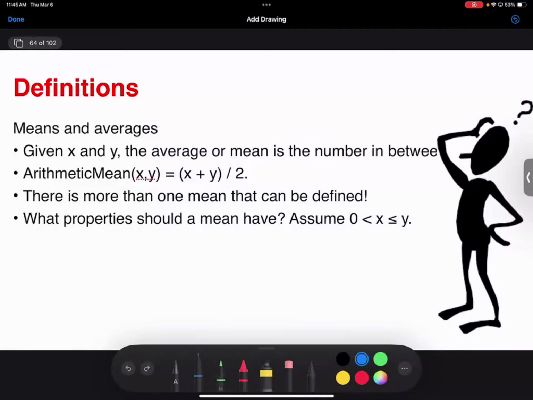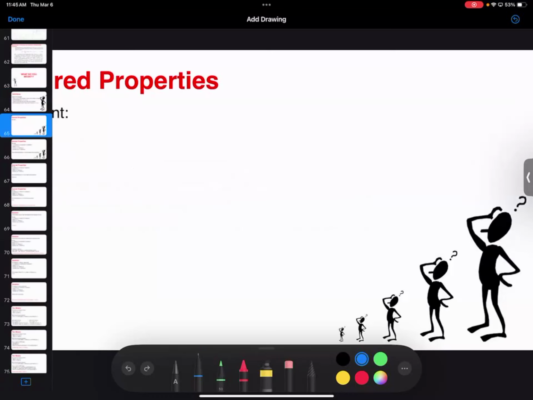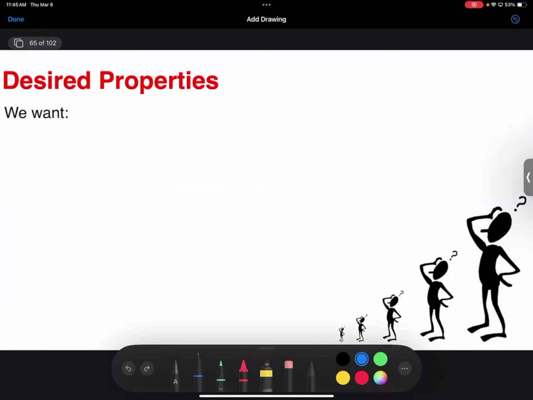In fact, let's assume the numbers are positive, and we can adjust so that x is not larger than y. So x is at most y. If you were to create a wish list, what properties would you want? The mean should be between x and y.